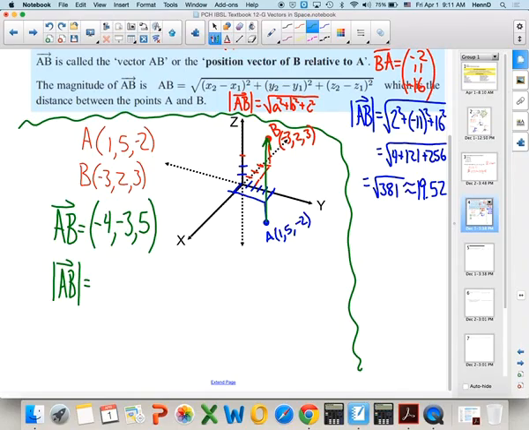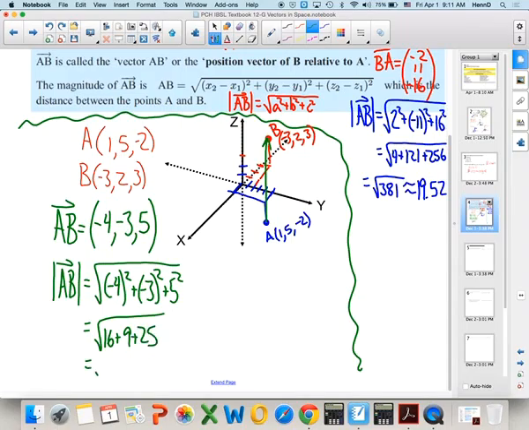How do we find the magnitude? Square root of -4 squared, -3 squared, plus what? 5 squared. Alright, good. So, the square root of 16 plus 9 plus 25 is 50. 5√2, which is approximately 2.8.